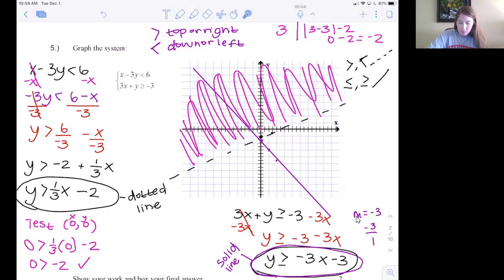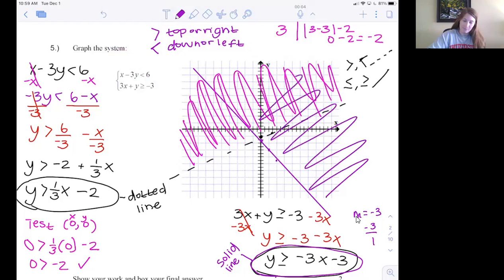Now I need to look at this purple line and figure out if I'm going to shade above or below. It is greater than, so I am pretty sure we're going to shade this way right here. Okay, but if we want to be sure, or if that's just confusing, just look at a point that's not on the line. You can either do one above or below it.